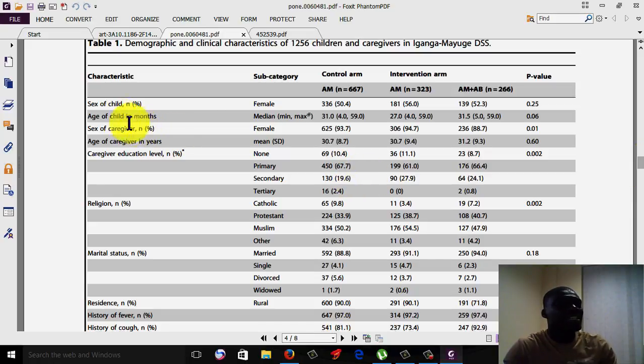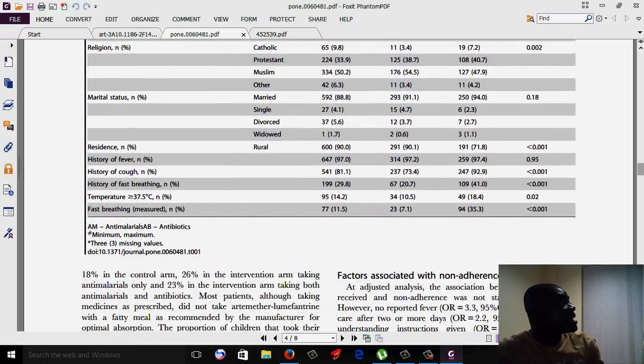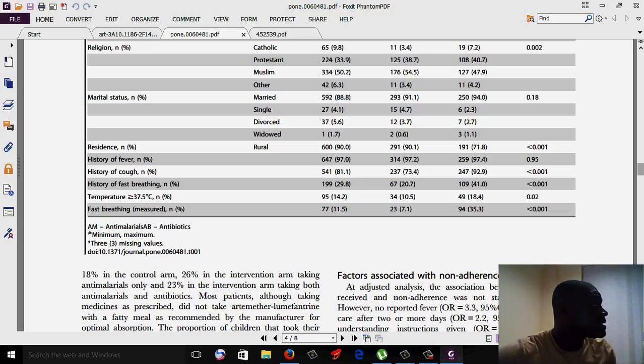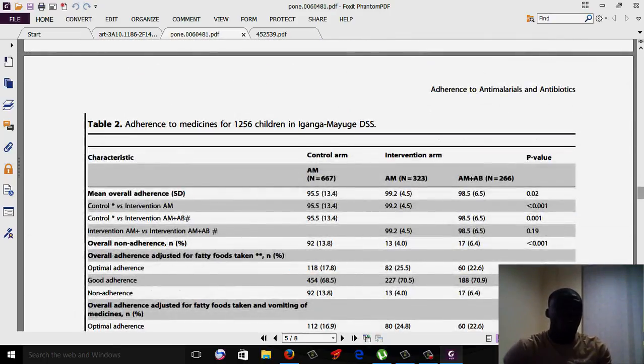For example, they are talking about sex of child, age in months, caregivers' education level, things you may not have asked, religion, marital status, residence, history of fevers and so on. So as the results come up, there are certain things you may be interested in adding to your instrument, and you may pick up those things and add them to your work.